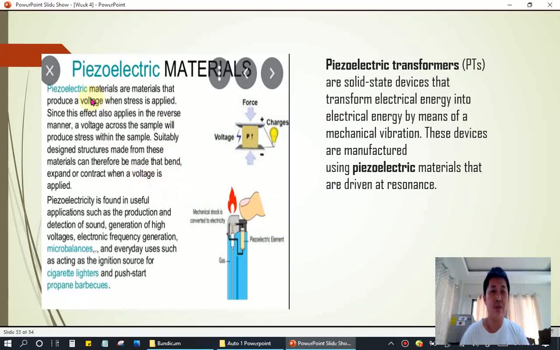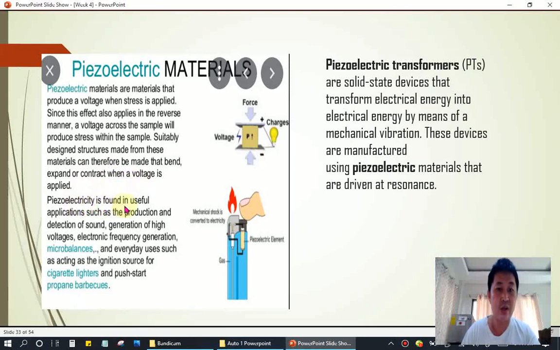So piezoelectric materials are materials that produce a voltage when stress is applied. Since this effect also applies in the reverse manner, a voltage across the sample produces stress within the sample. Suitably designed structures made from these materials can therefore be made to bend, expand, or contract when a voltage is applied.